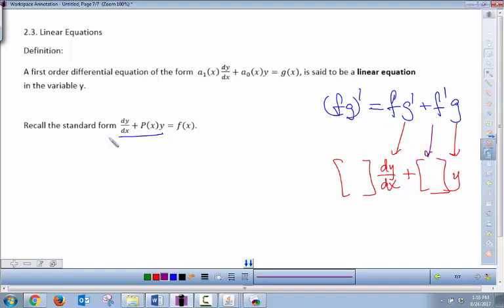So what we want to do is multiply this, and they use mu. I don't know why. We want to multiply this thing by what's called an integrating factor.